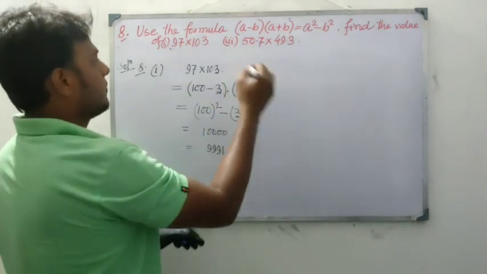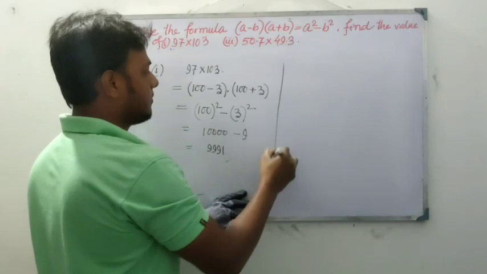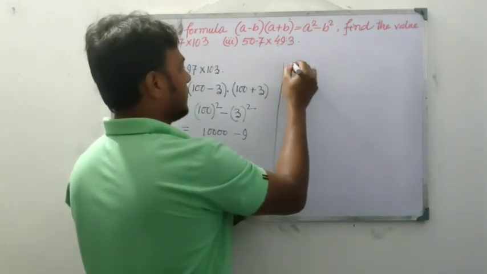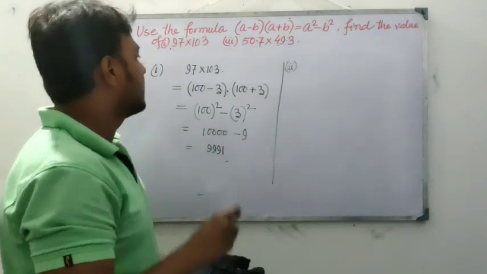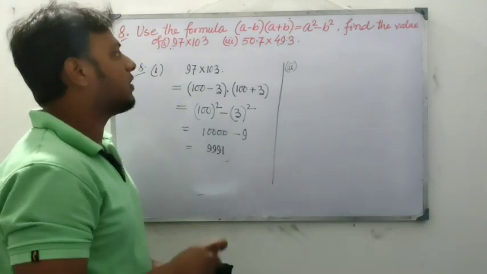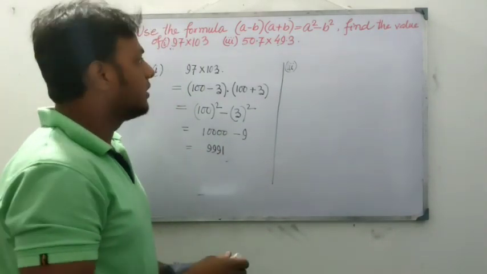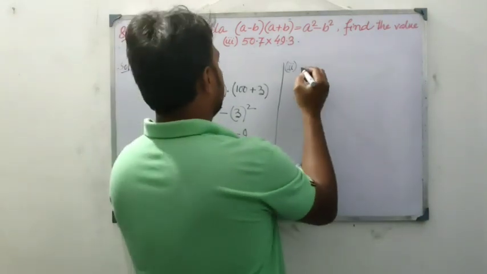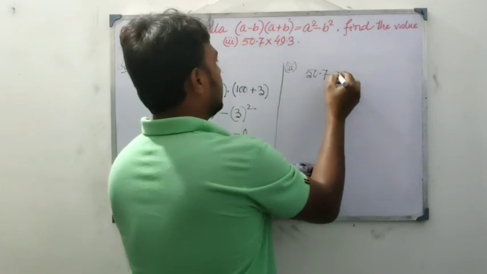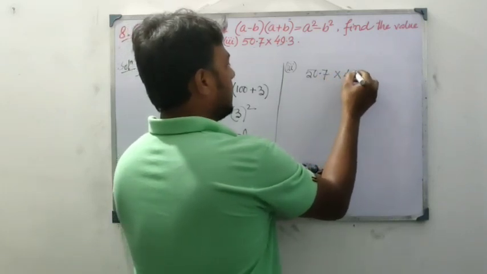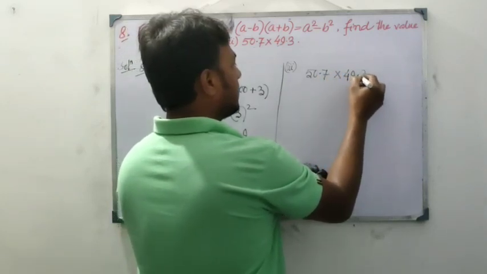Next, third number problem. Guess how to break 50.7 into 49.3 into the form of a minus b into a plus b. So here, 50.7 is there into 49.3.